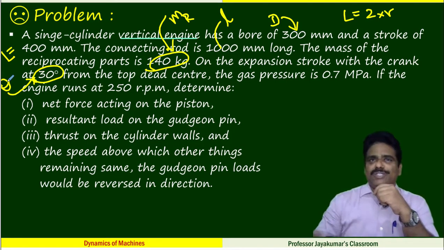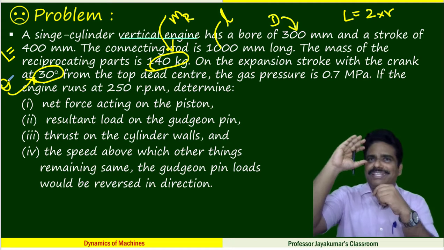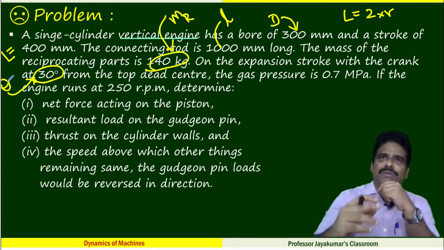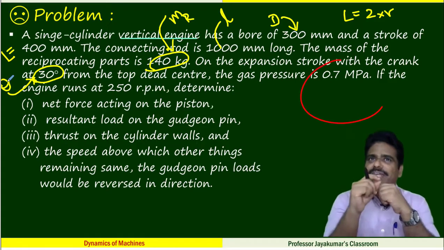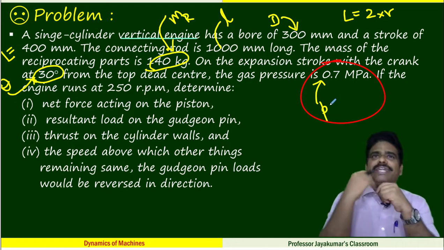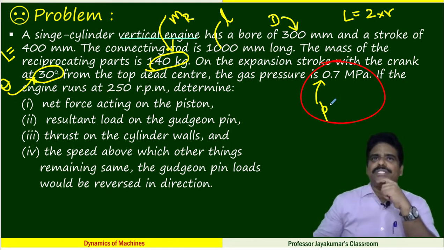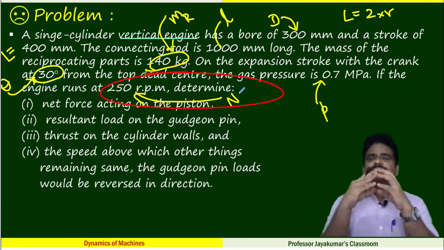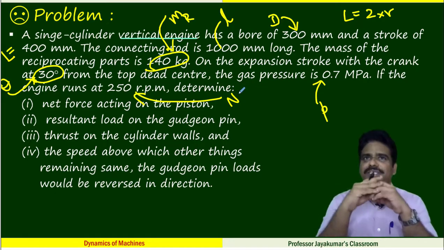Is that clear? So let us freeze the vertical engine at theta equal to 30 degree. Then let us analyze the problem. When crank is at 30 degree, they have given the pressure on the cover end, which is given as 0.7 megapascal. Of course, RPM of the engine is given. Is it okay? These are the given data.